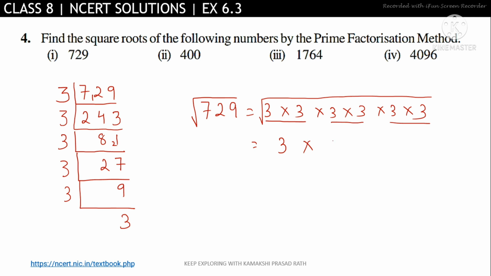Again 3 into 3 we take out another 3. And the last pair we have, another 3. Then only we can take out the square root. Hence we are left with our answer 3 multiplied by 3 multiplied by 3. 3 3s are 9 and 9 3s are 27. Hence we can say the square root of 729 is equal to 27.